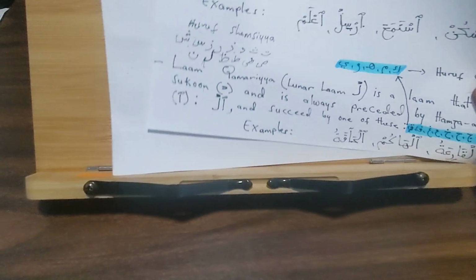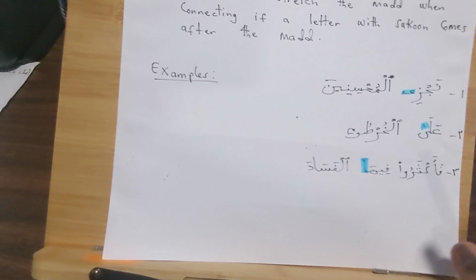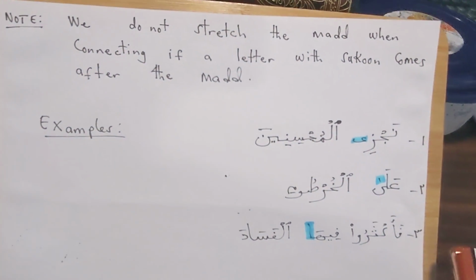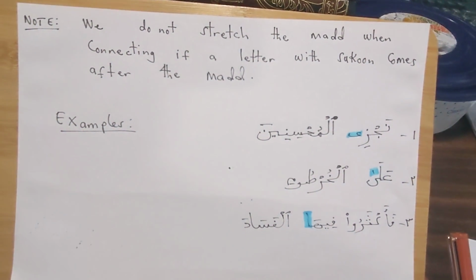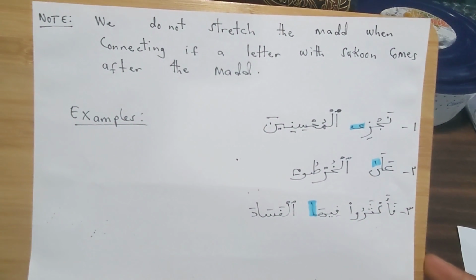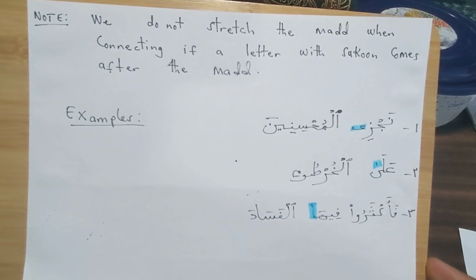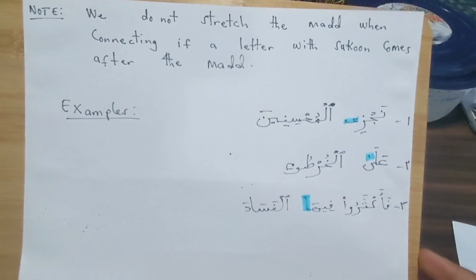Okay, let's move to another important point that I want all of you to know, that is related to what we have just learned. So we have learned the madda, which is the elongation. Now we have learned the Hamzatul Wasl and the Lam al-Qamariyya.